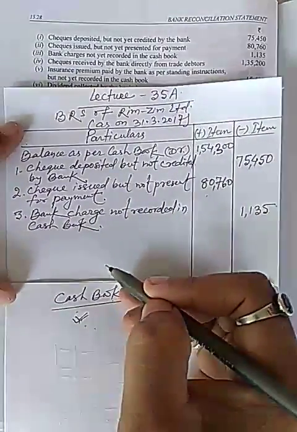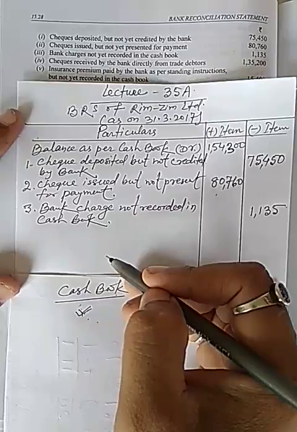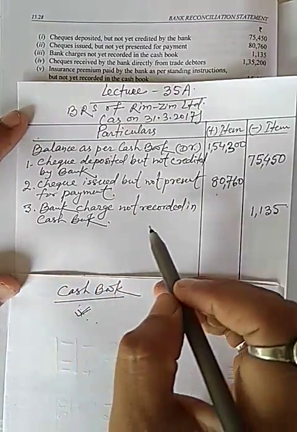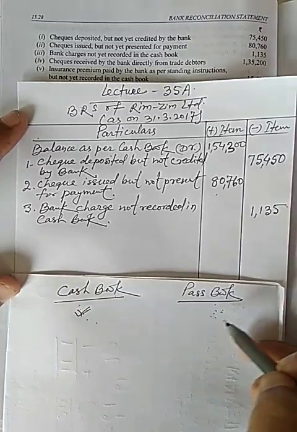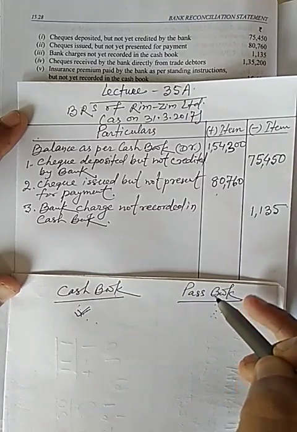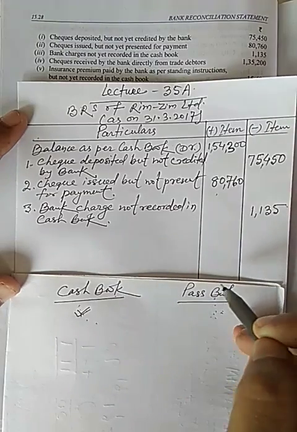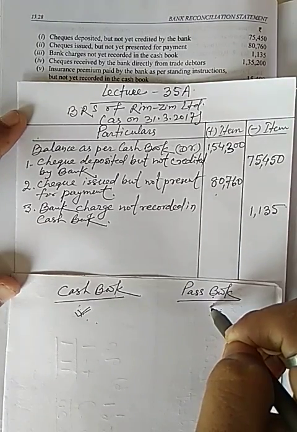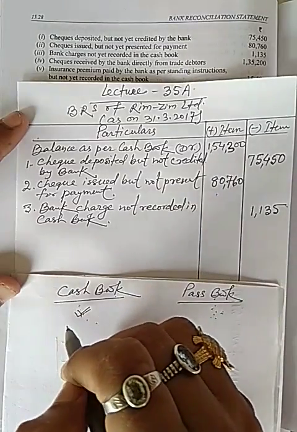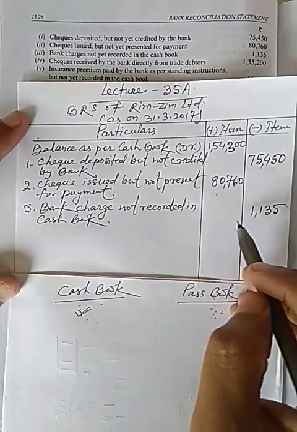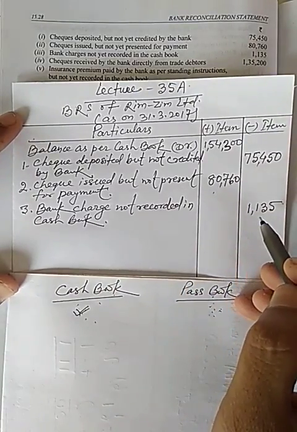Bank had charged but not recorded in cash book. When bank charges for service or anything, our passbook will be deducted. Therefore we have to deduct in cash book also, so it will shift in minus item.